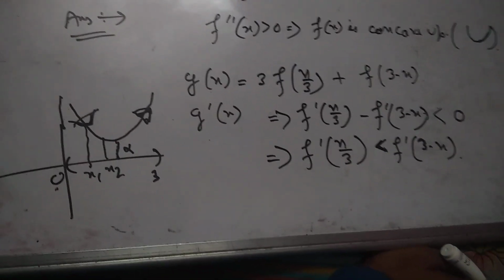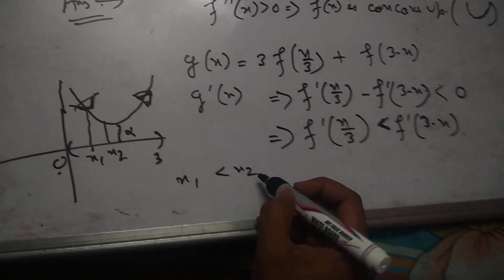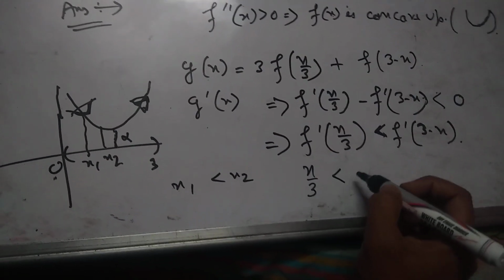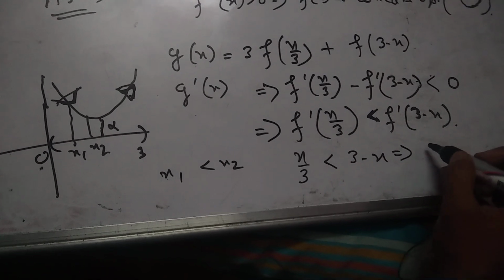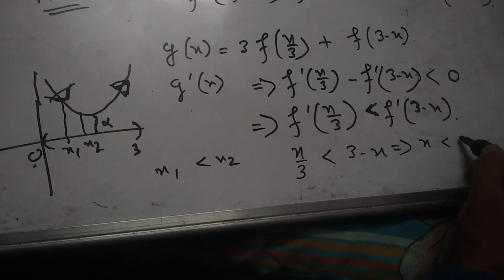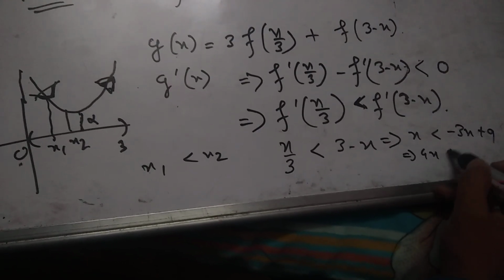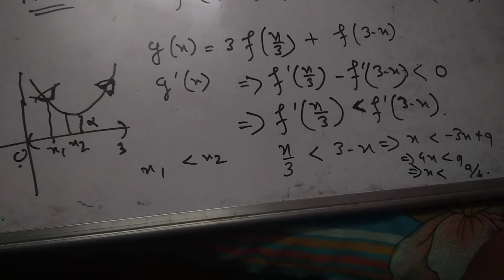Alright, so it means that x1 is less than x2, means x by 3 is x1 and 3 minus x is x2. So we get x less than minus 3x plus 9, 4x less than 9, x less than 9 upon 4.